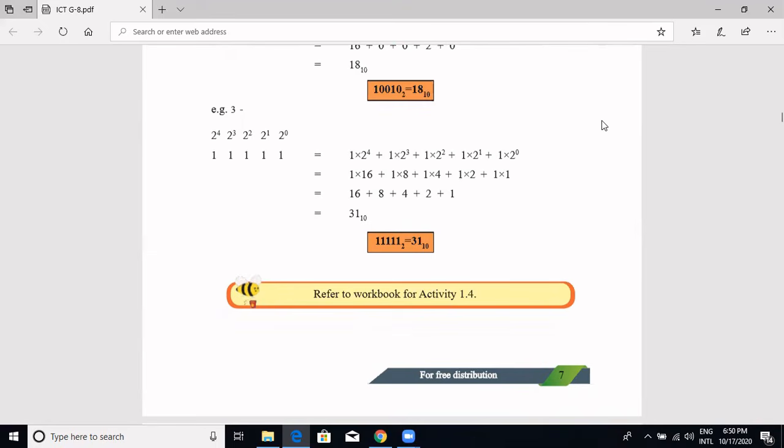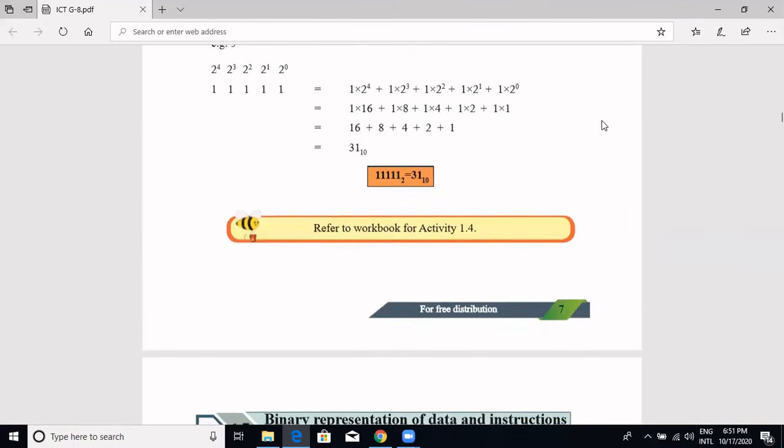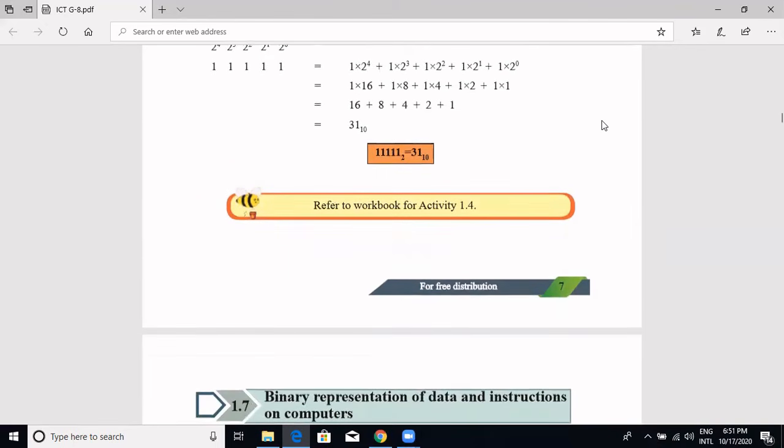So 1 into 4, that means 4. 1 into 2 to the power 3, that is 1 into 8, that is 8. 2 to the power 4 is the next place value into 1. It's 16 into 1, and that means 16. So you add everything, 16 plus 8 plus 4 plus 2 plus 1, you get 31, right? Okay, I will do another number.